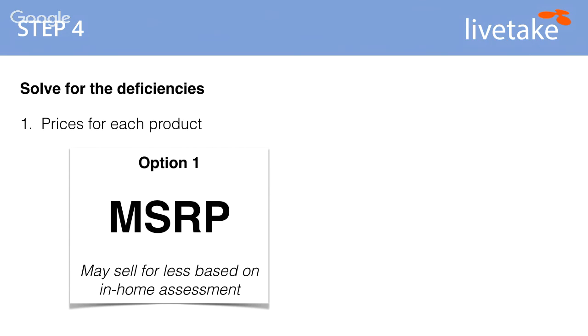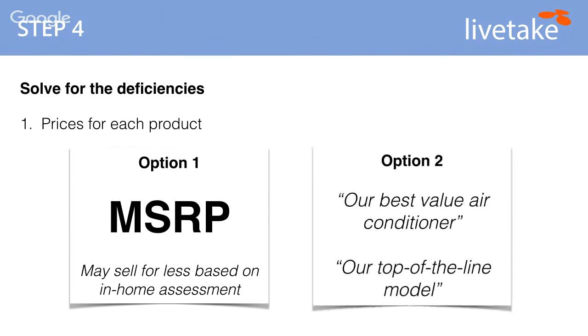If you're still uncomfortable putting up actual numbers for the price, you can try option 2, and that's to not use any numerical values, but at least use some textual values. So you might put something like 'our best value air conditioner,' which would mean this is the cheaper one. And then in the same product category, you might say 'this one's our top of the line model.' What that does is it allows people to at least infer price, right?